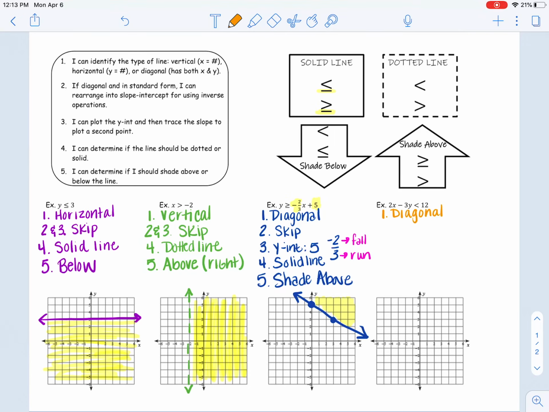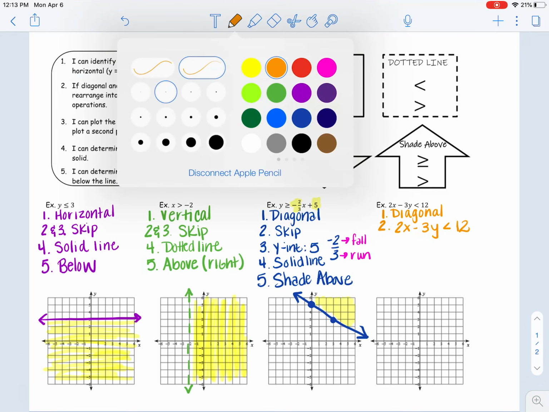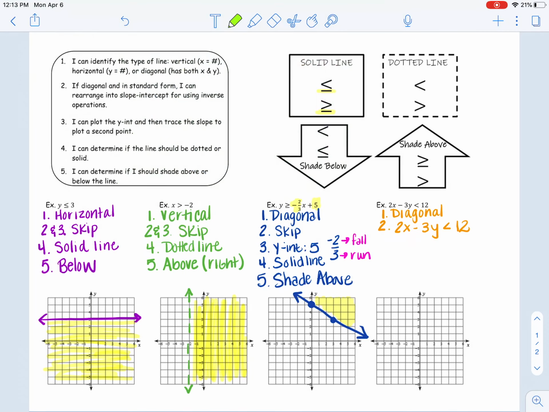Okay. Number 2. If diagonal and in standard form, rearrange it using inverse operations. So this is standard form. So we are going to rearrange it using inverse operations. So let's do this.